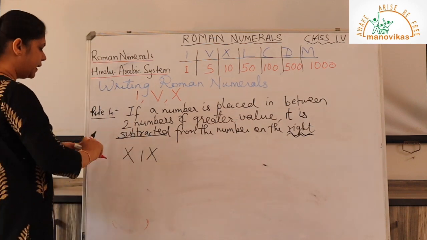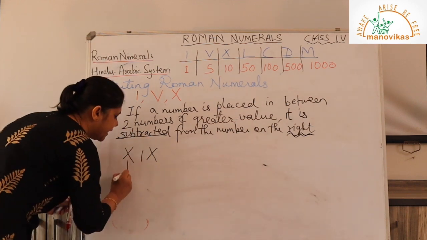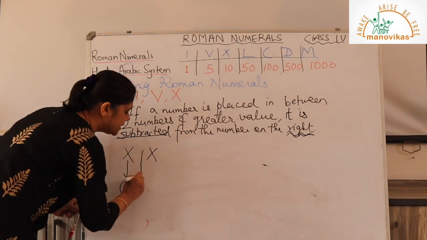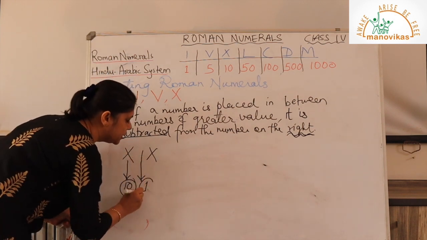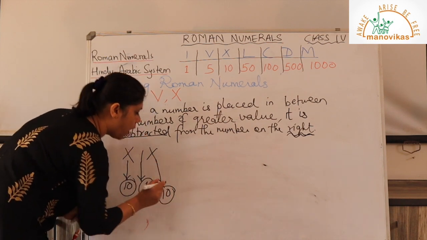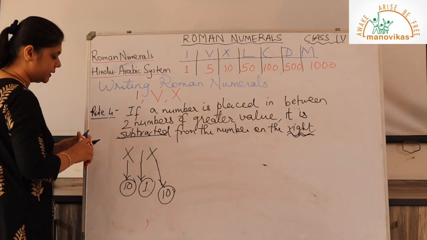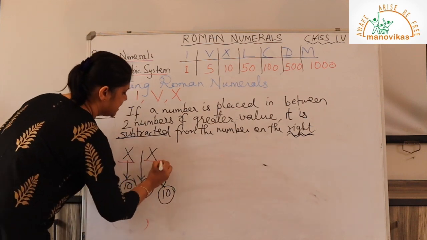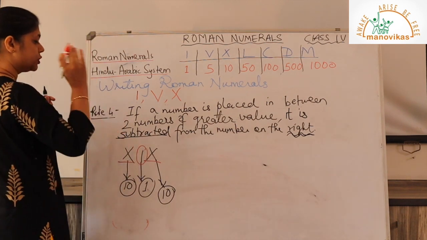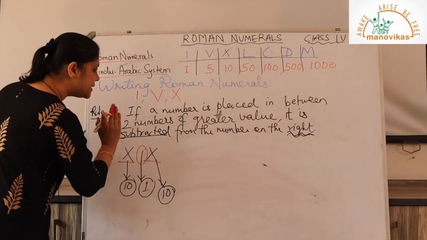Now in this Roman numeral, X again stands for what? We all know 10, right? I stands for 1, right? And X again stands for 10. Now look at these two numbers here. X and X are of bigger value than I. So how will I read this number?